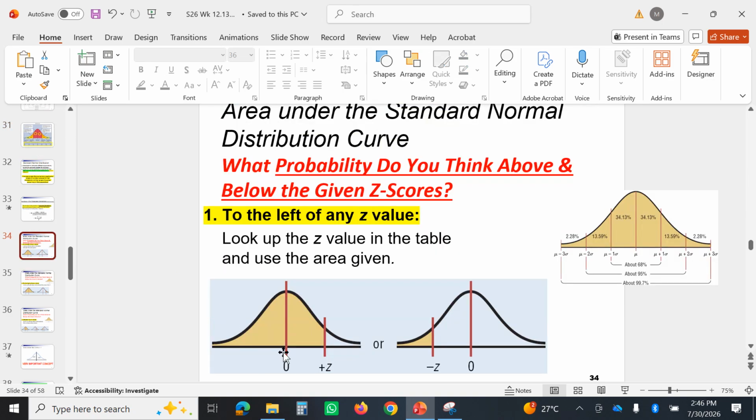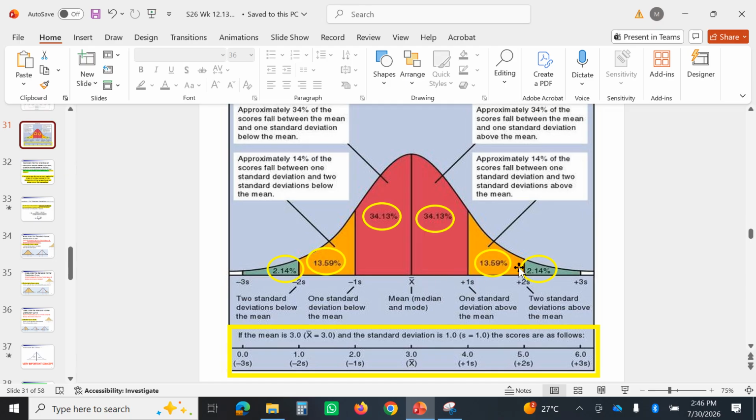So here's my mean of 0, and here is this particular Z-score, which is just a standard deviation. Now, these standard deviations 1 and 2 and 3 are nice numbers, but you can have 1.5 standard deviations. You can have 0.75. You can have negative 0.6 standard deviations.